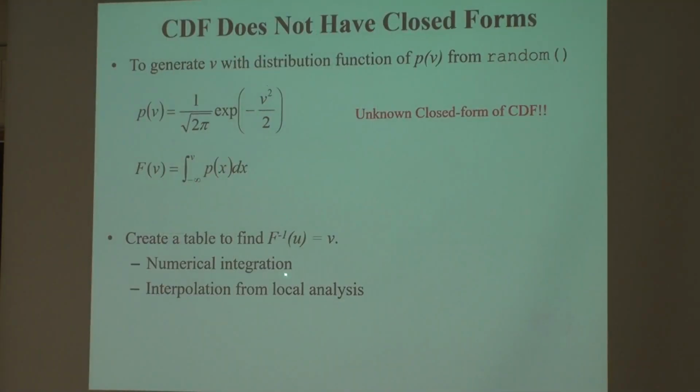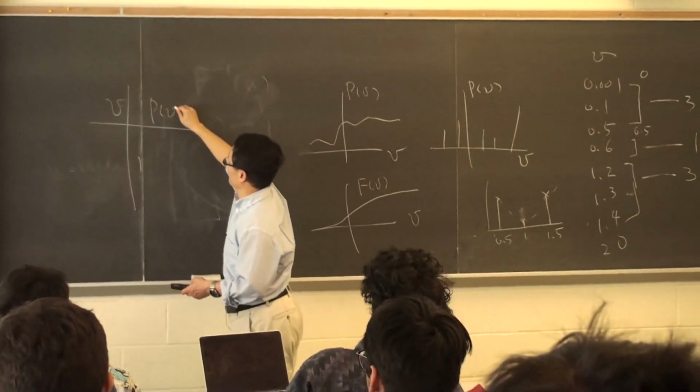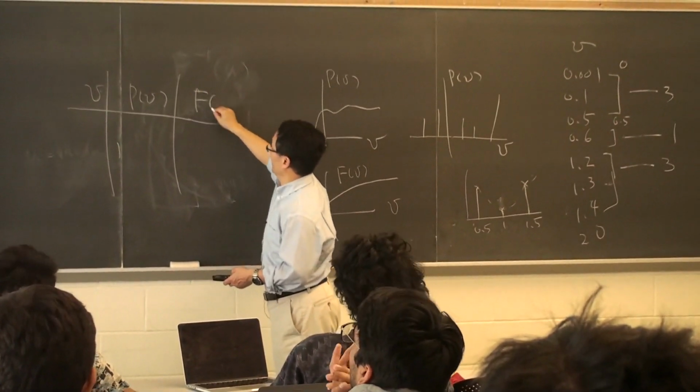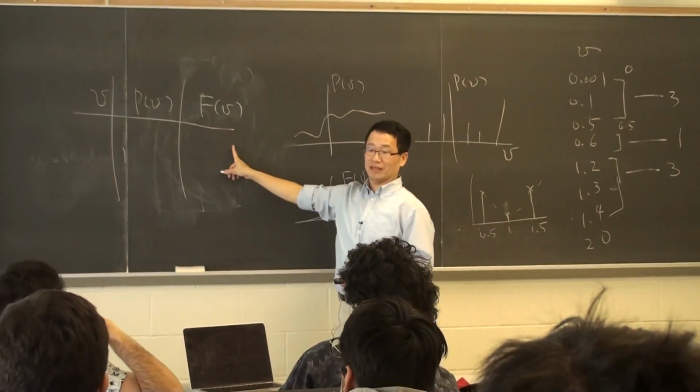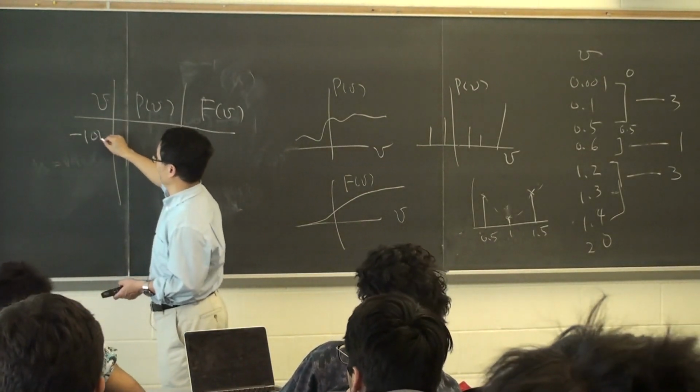So what you need is a table. You have a V, and you know the probability of V. Calculate it, and you know the corresponding one. So you're generating this from the points of interest.